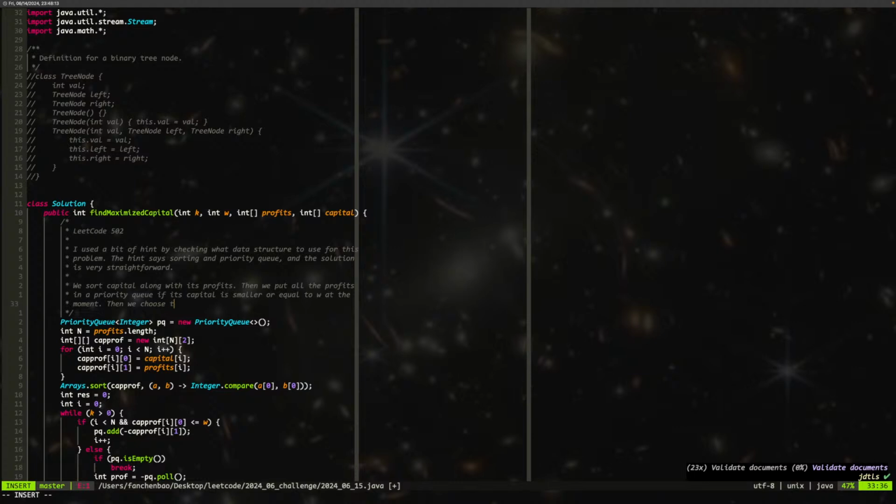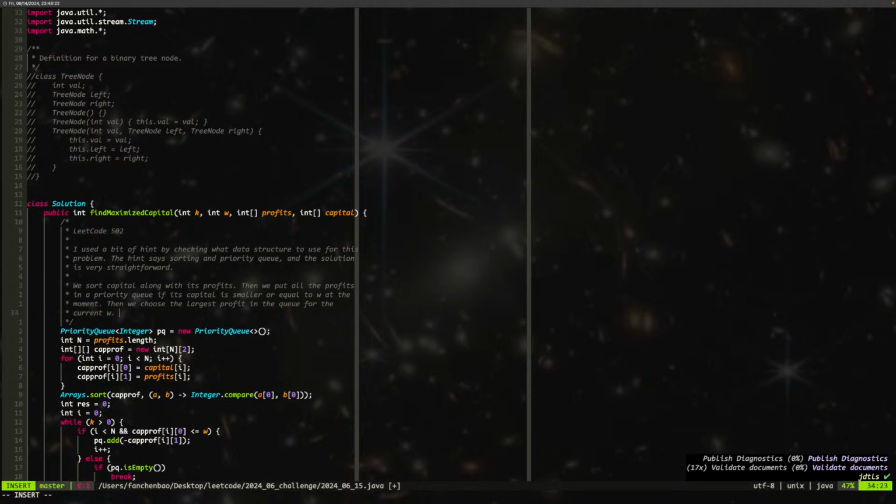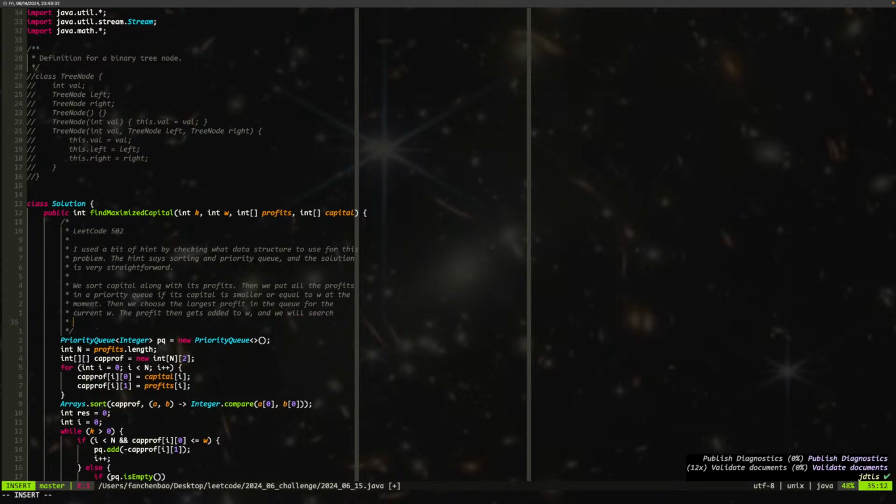Then we choose the largest profit in the queue for the current W. The profit then gets added to W, and we search capital again to put more profits into the queue if possible.